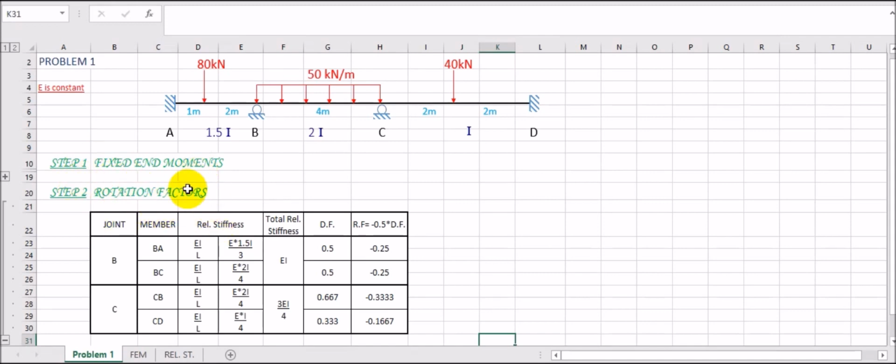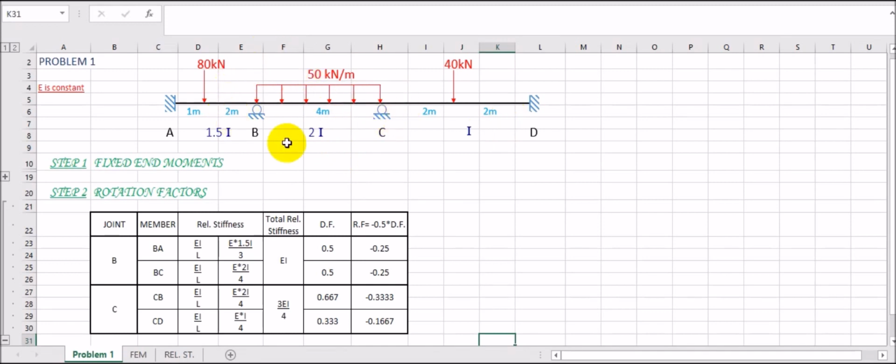Apart from my end joints being A and D, I'll leave those joints and only consider my intermediate joints. Intermediate joints are basically those joints which connect two members. So here the two joints are B and C. B is connecting BA as well as BC, and C is connecting CB as well as CD.